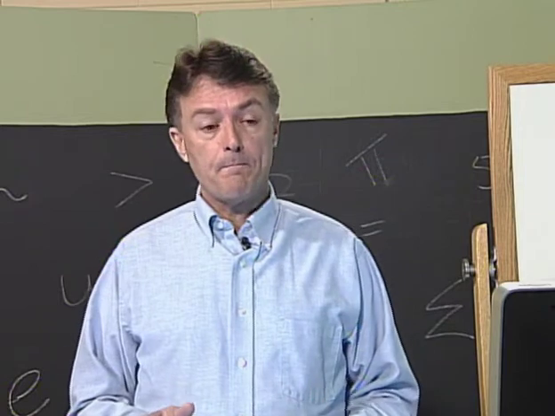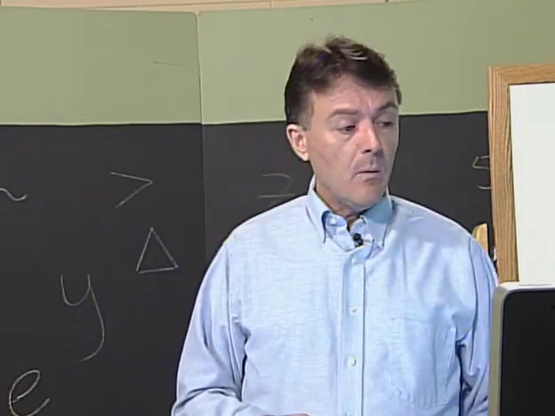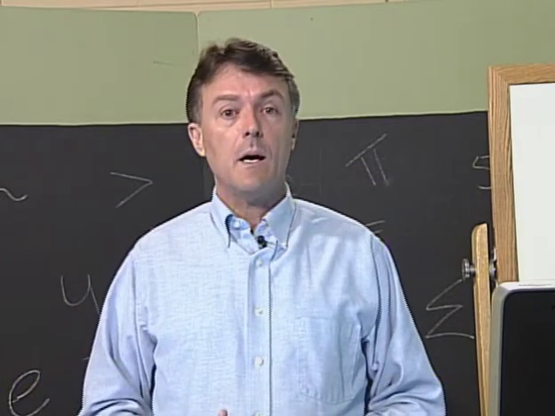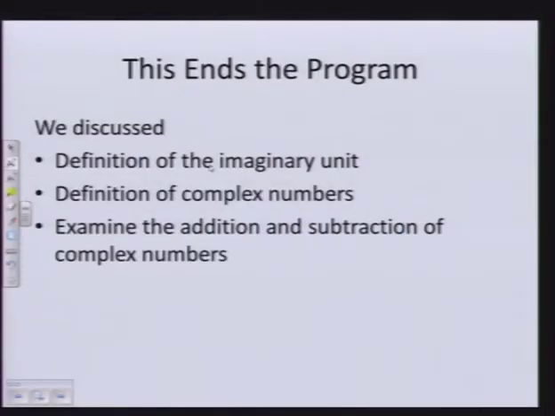Okay, this ends our program, and here we just want to review that we discussed the definition of the imaginary unit, where i was equal to the square root of negative 1. We defined complex numbers to have a standard form of a plus bi.